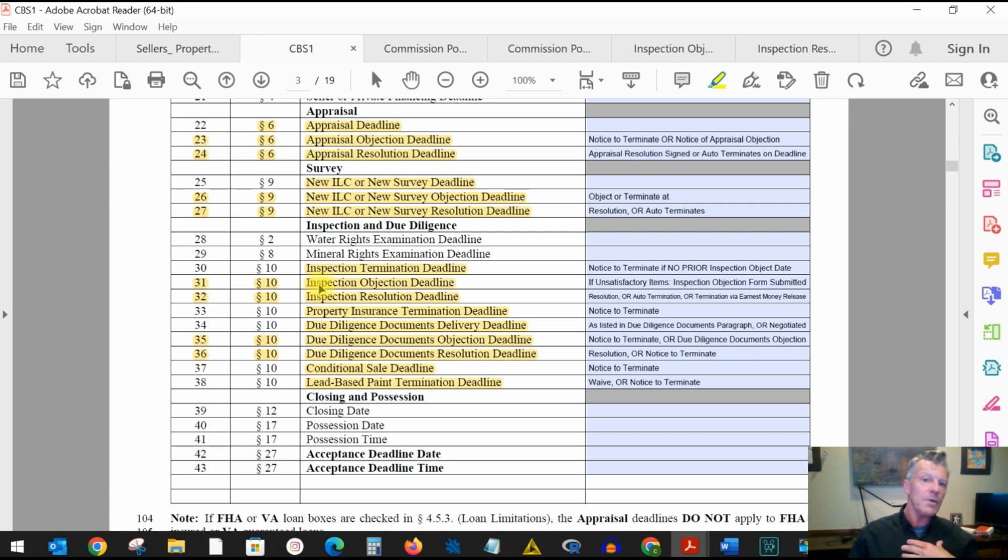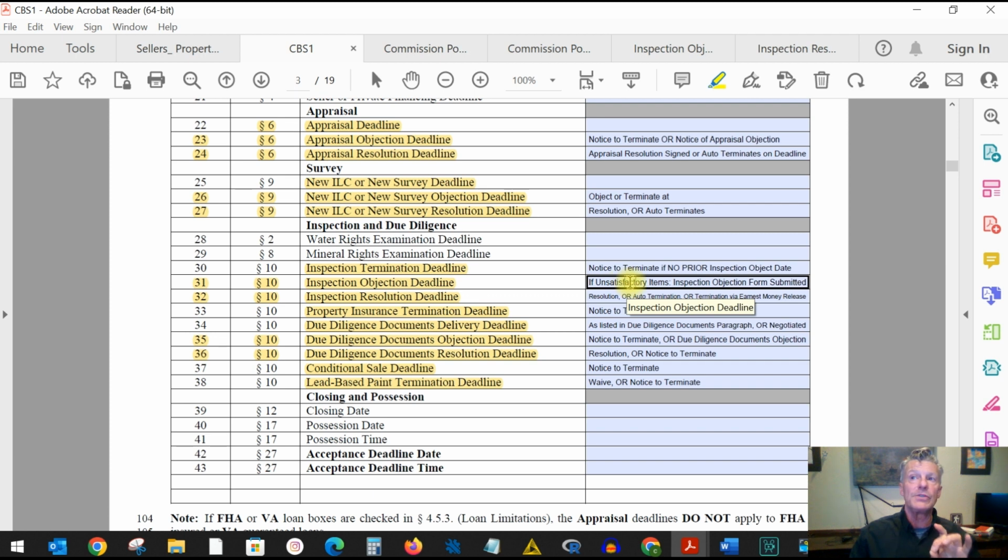If you have some problems you've come across and you want to try to work out a deal with the seller to get this stuff fixed, you would do an inspection objection deadline by when? By the specific date and time you put in here. Everything has to do with those dates and times.